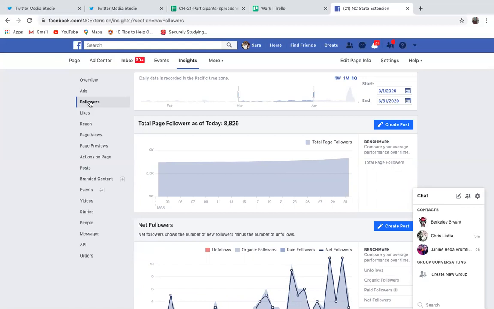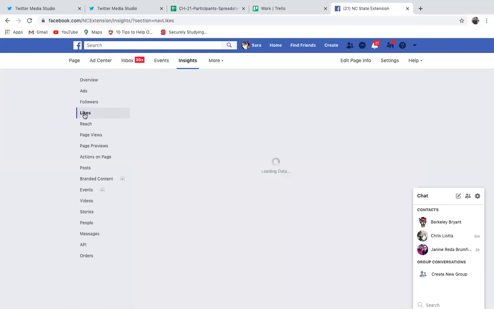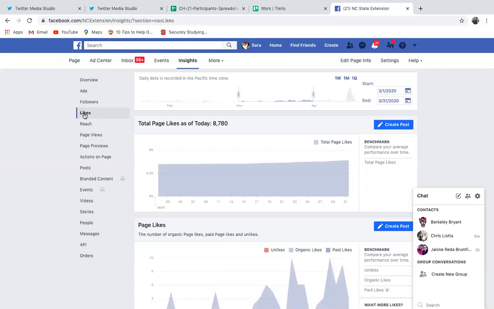They might not want to associate and tell the world, hey, I like NC State Extension, but I still want to see what posts they're putting out. And likes can be the same thing. They might like your page just because you asked them to, but maybe they're not actually following your post because they just didn't want to see that in their feed. But typically, when someone likes your page, the default is set to follow your page as well.